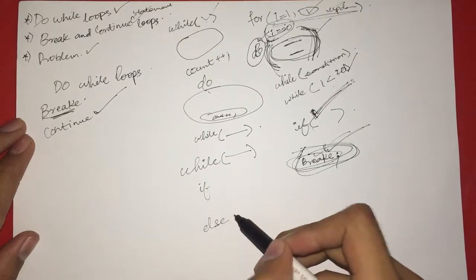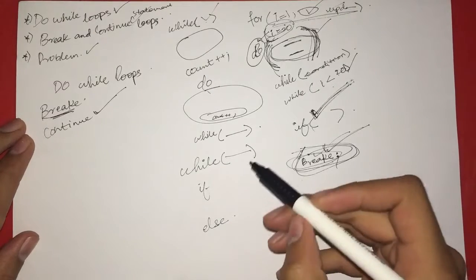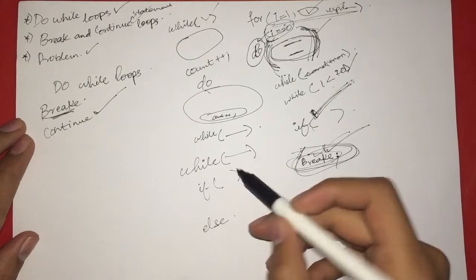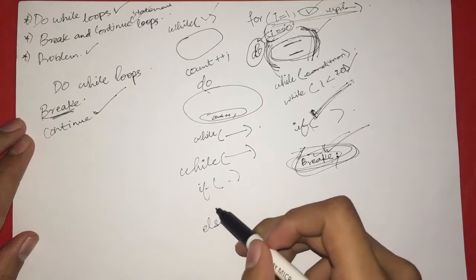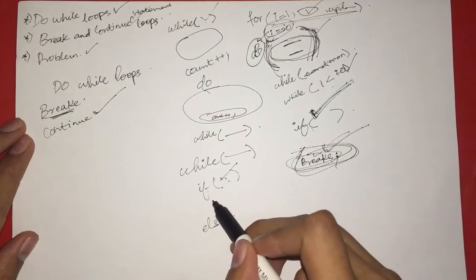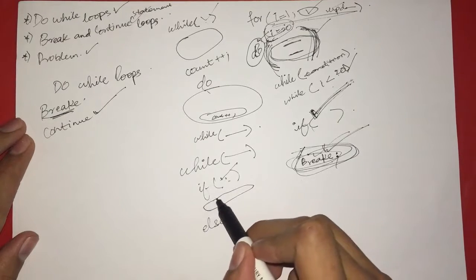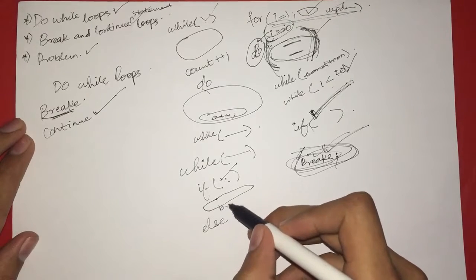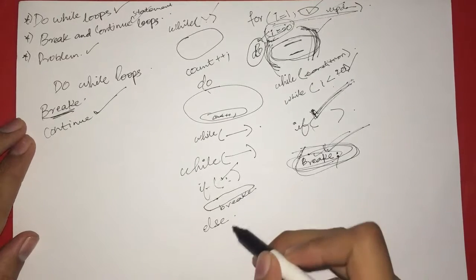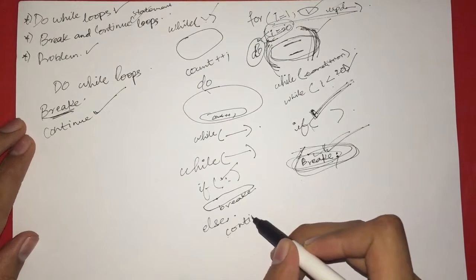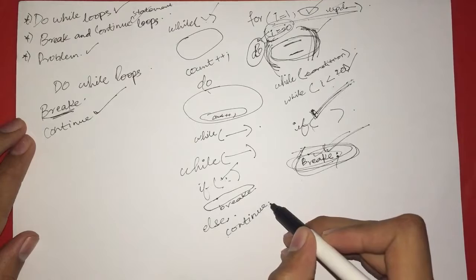If this condition is true, we have an appropriate message for the user, and then we use a break statement, for example. Else, here we use a continue statement.